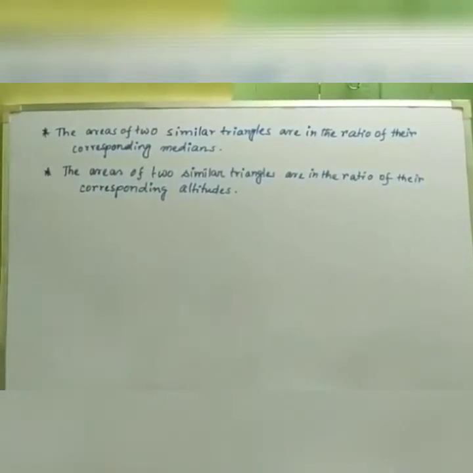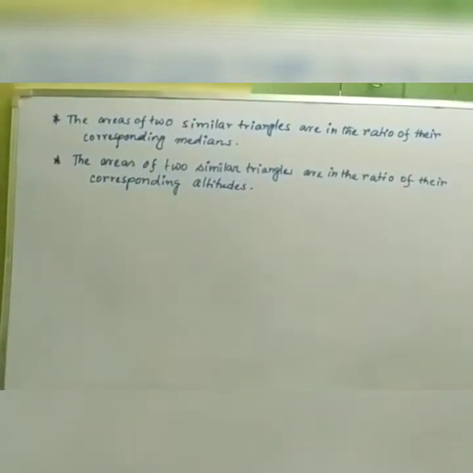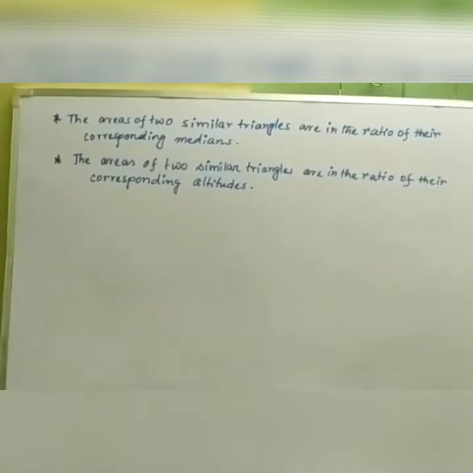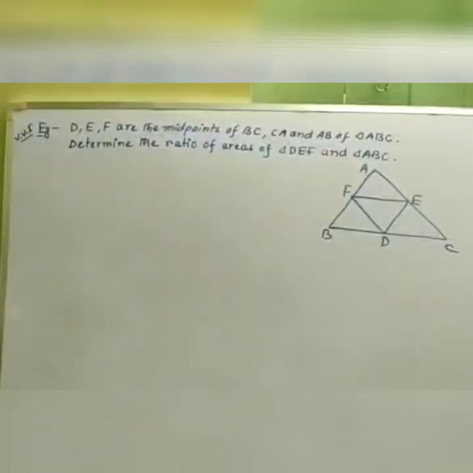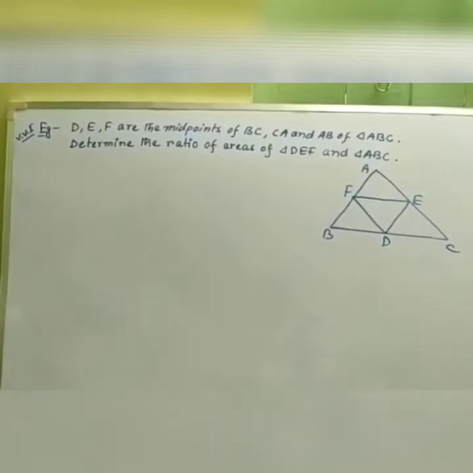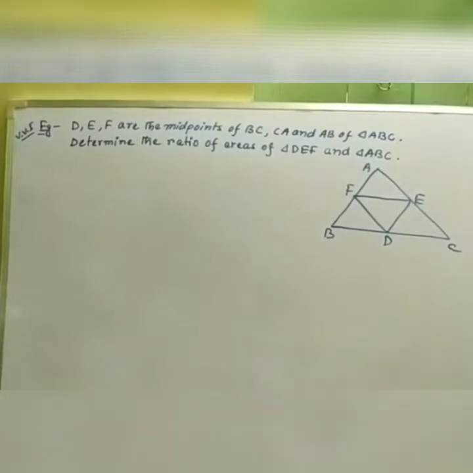So let me show you some related applications. I'll show you the problems related to the previous theorem and these basic results. You can see one of the important sums is given. One figure is given: triangle ABC, D, E and F are the midpoints of BC, CA and AB of triangle ABC.